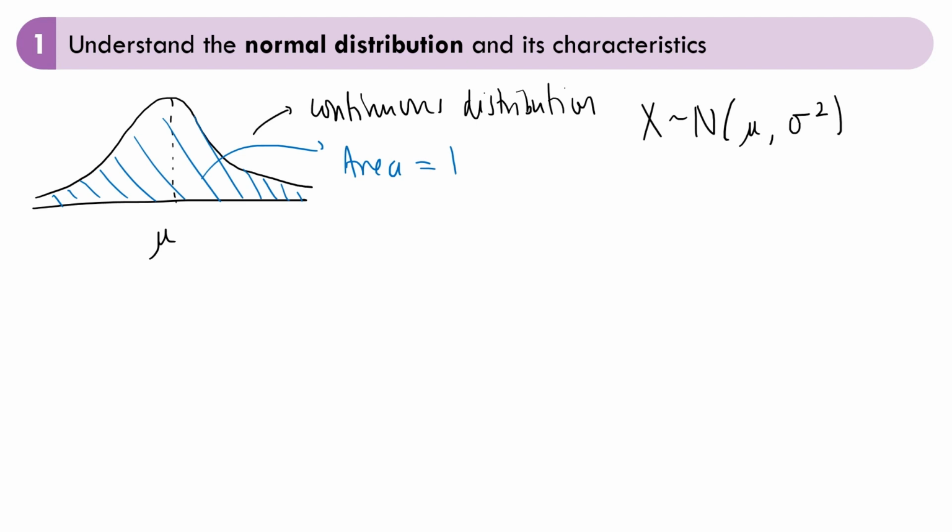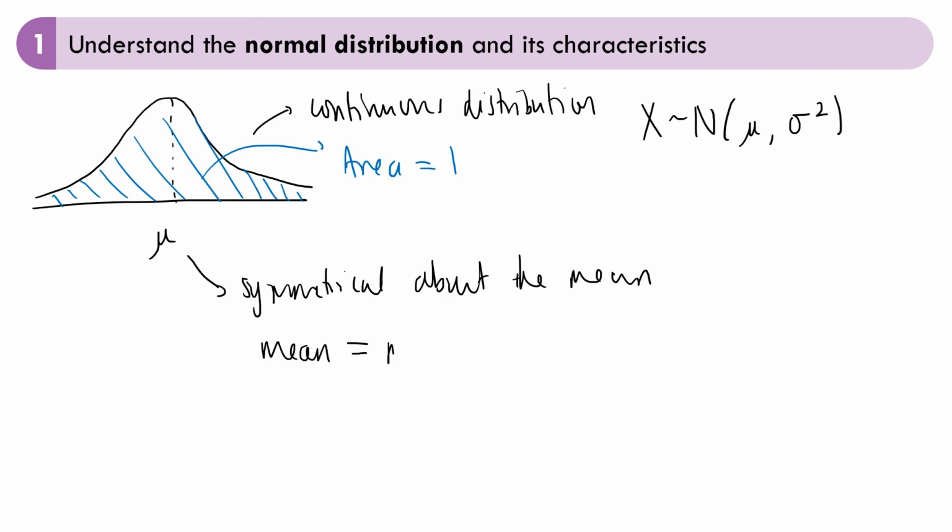Now, some other key points about the normal distribution are that, first of all, it's symmetrical about the mean. And so this means that the mean is equal to the median is equal to the mode. And also we need to know that there are points of inflection on this curve, so here and here.